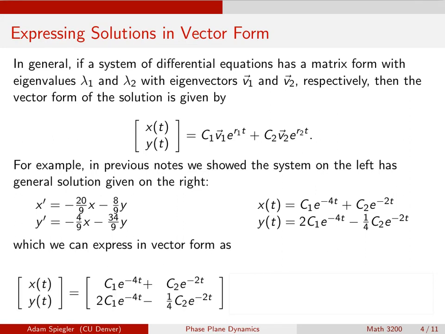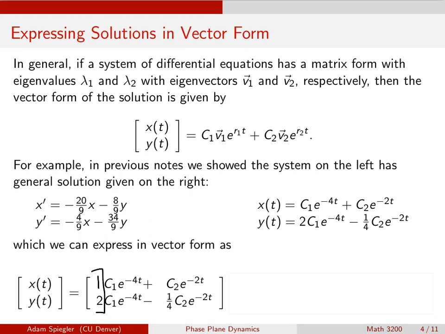Well, what we've got is the following. x is this stuff over here, y is this stuff over here, and what I can notice is that for the e^(-4t) terms, they both have a c1 in front of them. This has a 1 in front of it, and this has a 2 in front of it. So it's almost like I have the vector (1, 2) being multiplied by c1 e^(-4t).